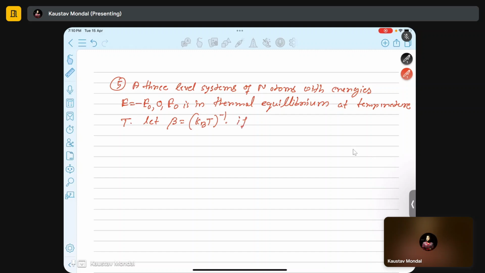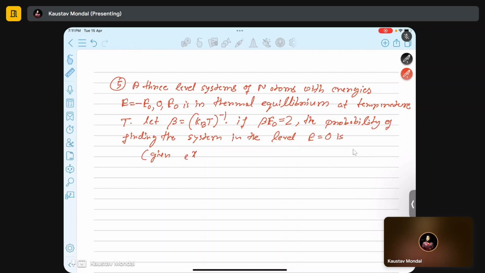If beta E0 is equal to 2, the probability of finding the system in the level E equal to 0 is given by x plus 0 minus 0 cos hx.